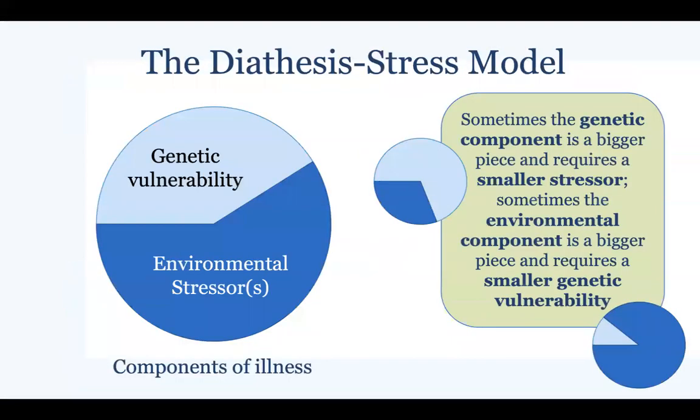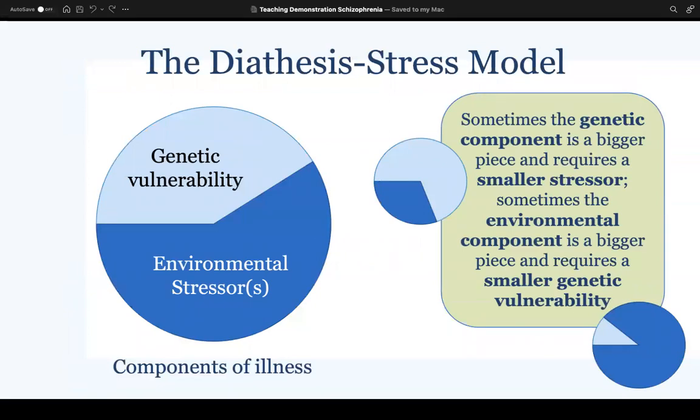So here's another way of looking at this. And I said this again, right? So sometimes the genetic component is a bigger piece and requires a smaller stressor. Sometimes the environmental component is a bigger piece and requires a smaller genetic vulnerability, right? So I showed you a couple of different ways that this could look with my little pie charts here, right?